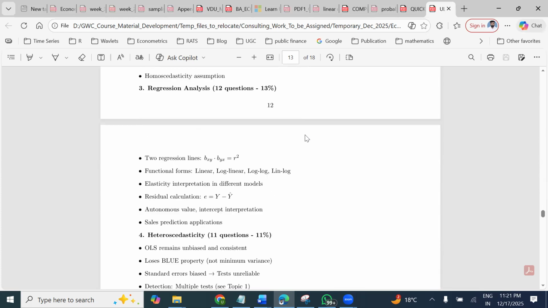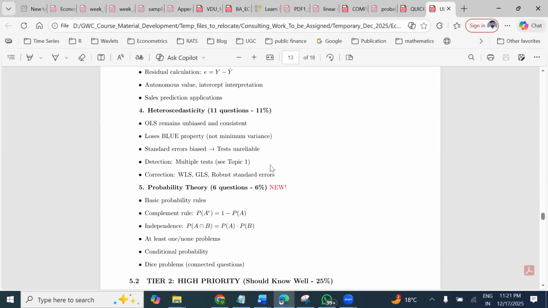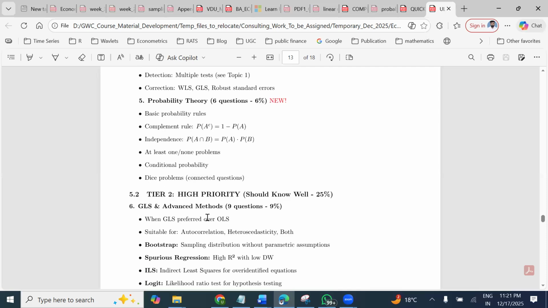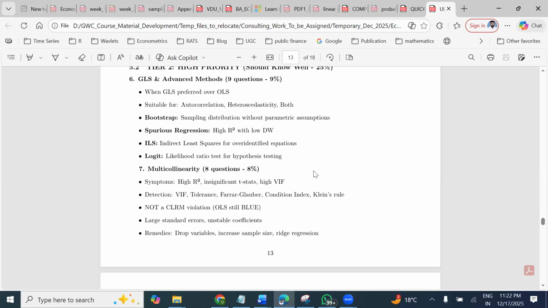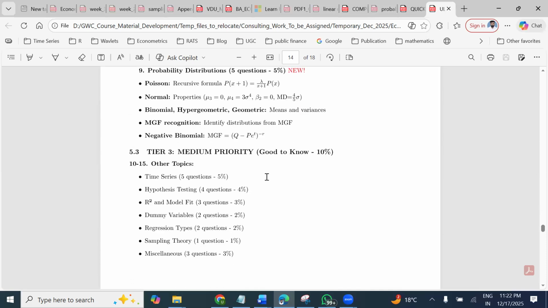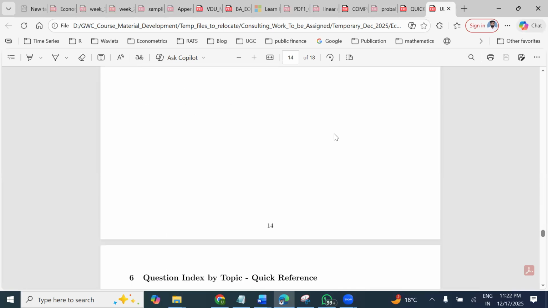Are you getting? In between we are also focusing on heteroscedasticity and probability, as Sangeeta told, conditional probability. These are the basic questions which come, conditional probability. Gradually we will focus on the other 25% of questions, but first our focus should be the 65%. Then medium priority, you will go gradually like this.